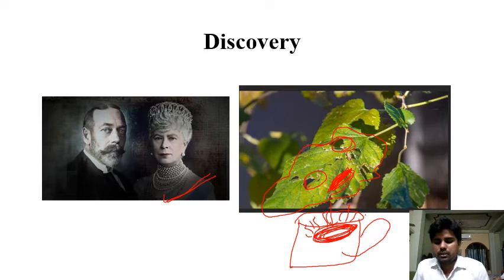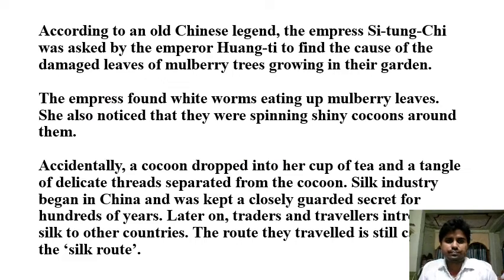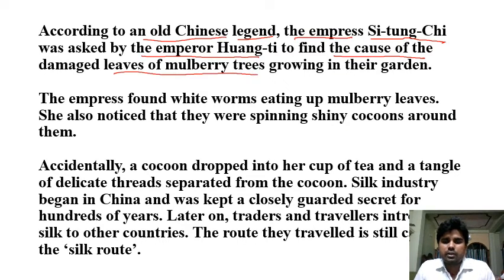So I will start reading the point. According to an old Chinese legend, the Empress Shi Lingshi was asked by the Emperor Huang Ti to find the cause of the damaged leaves of mulberry trees growing in their garden.